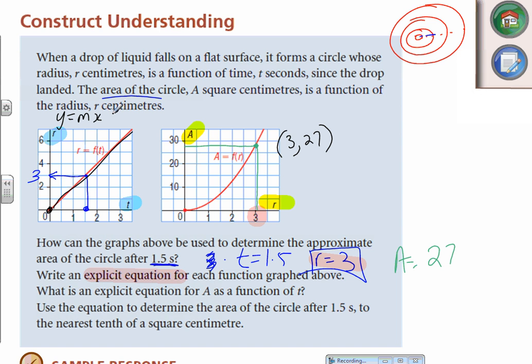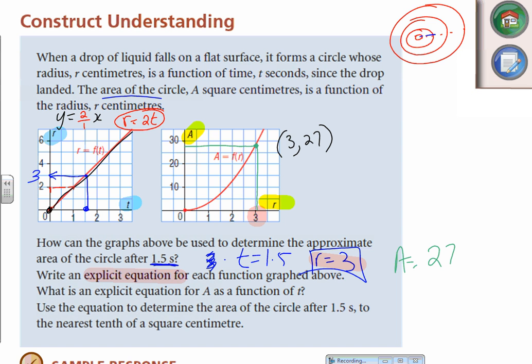A rise of 2 gives us a run of 1, so 2 over 1 for our slope. But hey, let's use the variables they've given us. So this first equation is r equals 2t. There's the explicit equation of the first one.